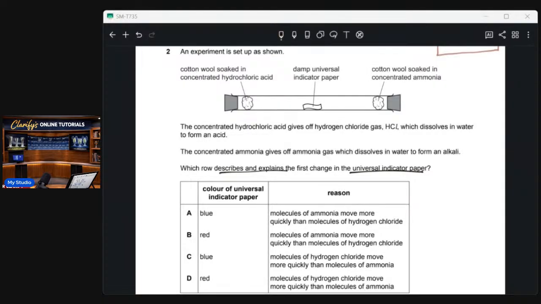It is a question on diffusion, where you have a cotton wool soaked in concentrated hydrochloric acid on one side, then a cotton wool soaked in concentrated ammonia on the other side, and a damp universal indicator paper. Which row describes and explains the first change in the indicator paper?